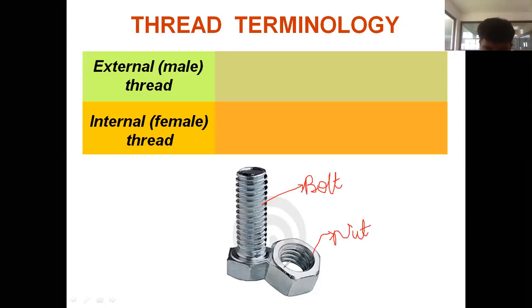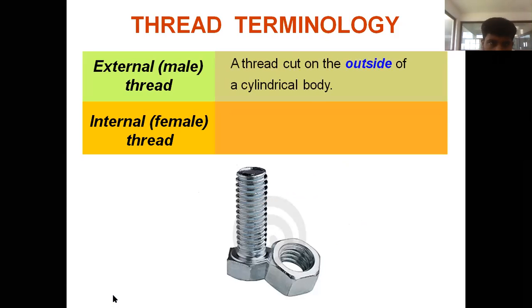Next. External thread: a thread cut on the outside of a cylindrical body. Outside of the cylindrical body, external thread. This is the external thread.